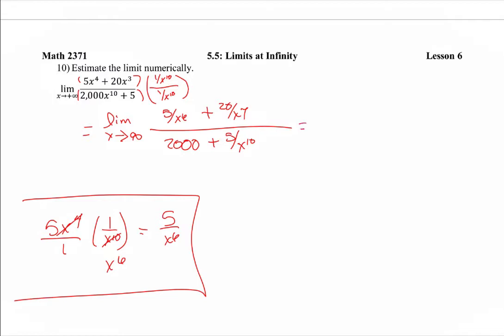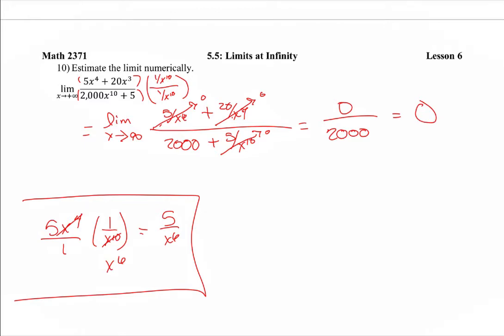Now, if I take the limit as x goes to infinity of each of these terms, this term goes to 0, this term goes to 0, and this term goes to 0. So what I'm left with is 0 over 2,000, which is 0.